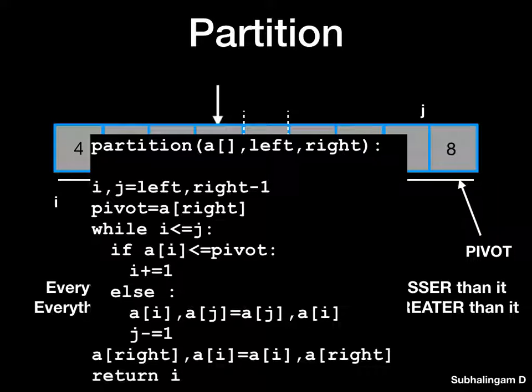Else I swap A[i] and A[j] and do j -= 1. When the loop terminates, we can swap the pivot with the A[i] position, and we notice that the properties mentioned before are satisfied. I return i, that is the position where I have shifted the pivot to.